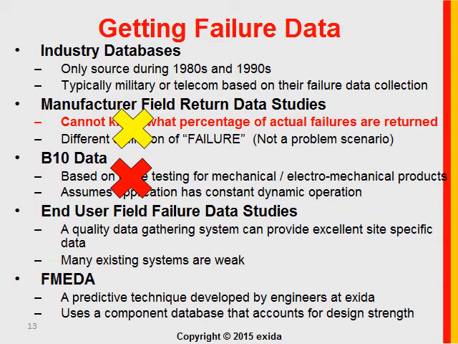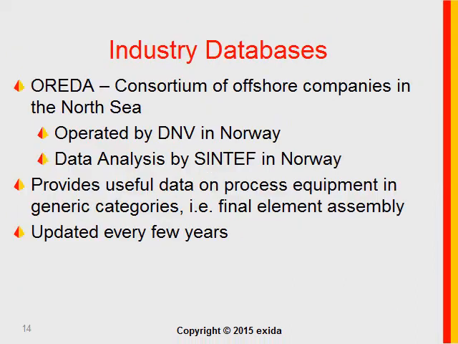And user field failure data studies are probably the most excellent source for potential data as we move forward. But unfortunately, many of their systems are quite weak, which we will talk about in great detail. And of course, the FMEDA technique developed by Exida is a predictive failure rate approach, which can produce very good results if it's properly calibrated.